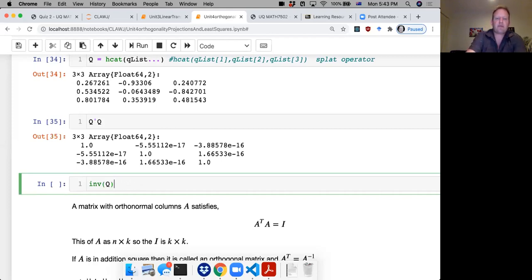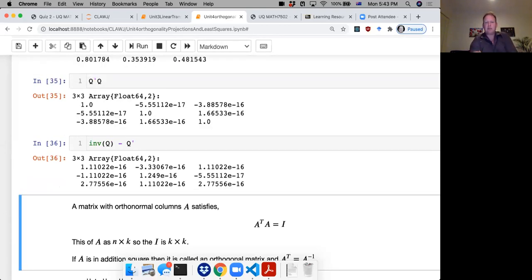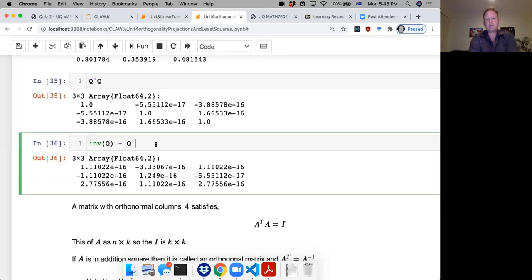So inverse of Q minus Q transposed is going to be all zeros. Okay, that's it. So you did Gram-Schmidt. Questions? I mean, now is the time to start asking why this is good for, and we'll see how this plays a role in quite a few things.